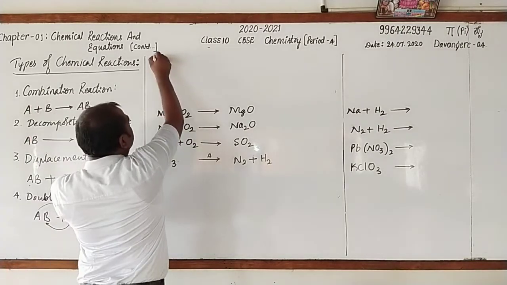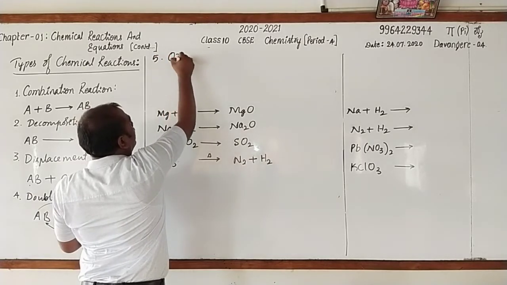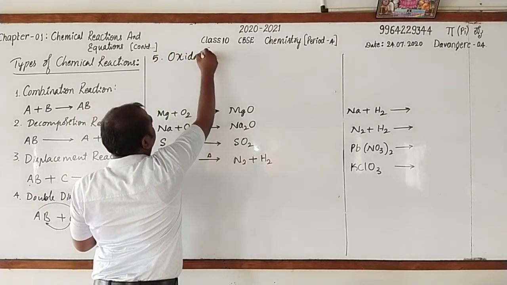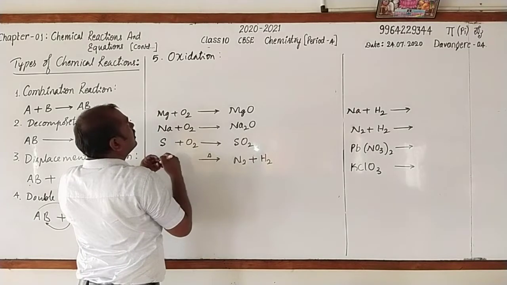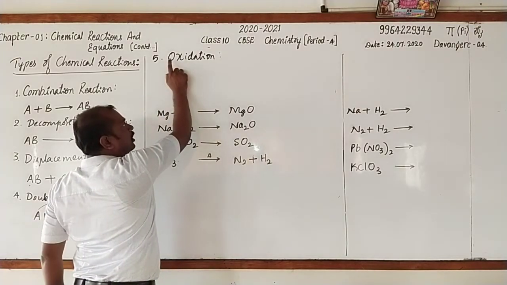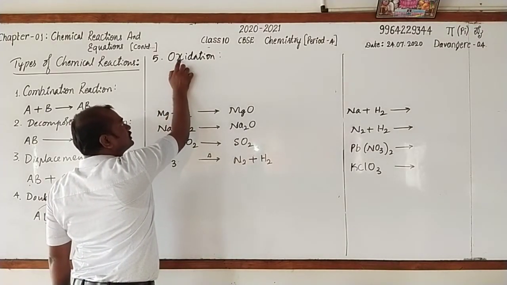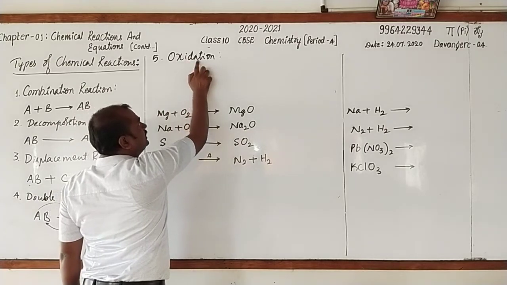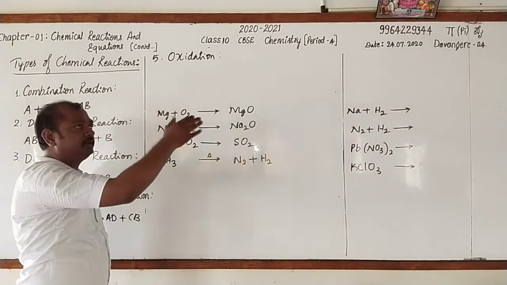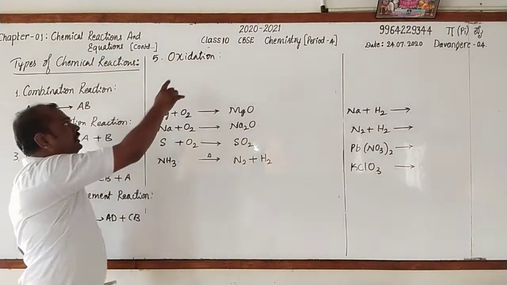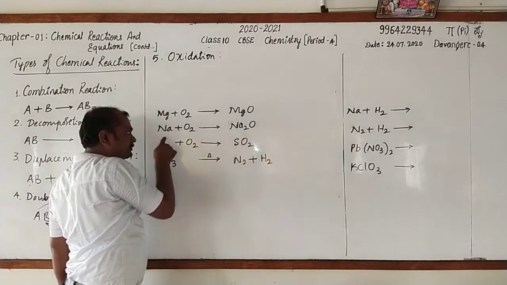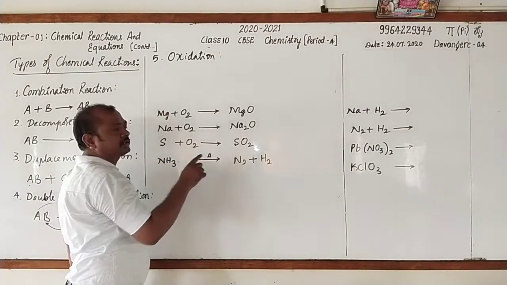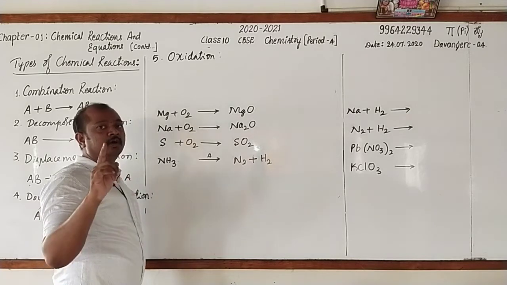Observe, this is the fifth one, oxidation reaction. Oxidation: OXI means oxygen, and IDATION means addition. Here only the meaning is there. Addition of oxygen to a substance in a chemical reaction is called oxidation.